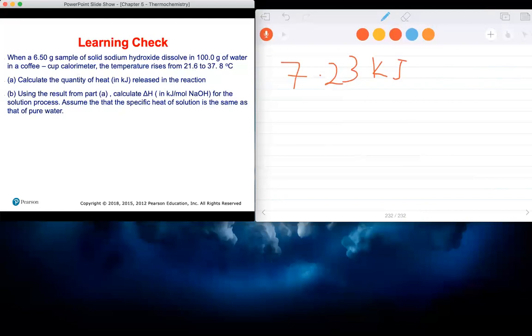Even when you get to neutralization, where you have an acid and a base, you have to combine the two and use the mass of the combined solution, what you end up with. That's the total mass. If I have 50 mL of this and 50 of that, and you know the density, you add the two to get the mass you'll be using.